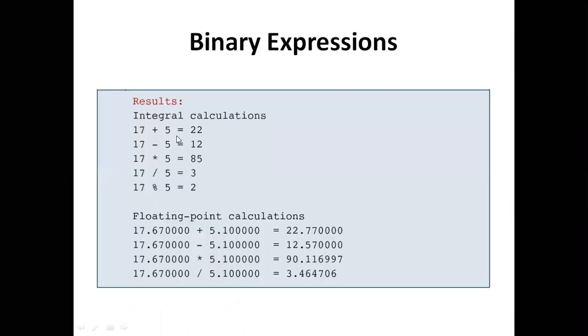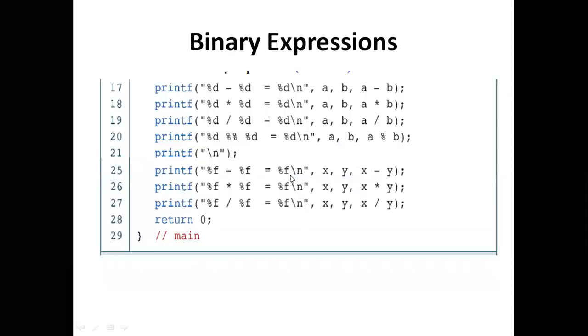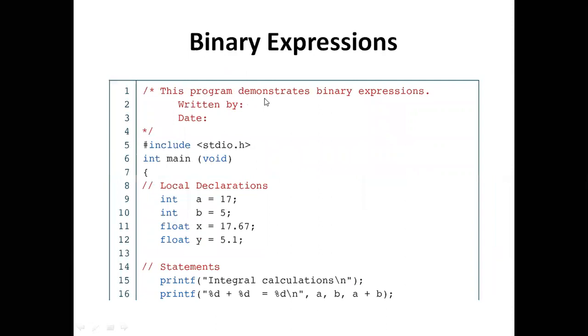Inside this program we are writing a binary expression: 17 plus 5 is equal to 22. 17 is an operand, 5 is an operand, and plus is the operator. It displays the result. This example code indicates binary expressions.